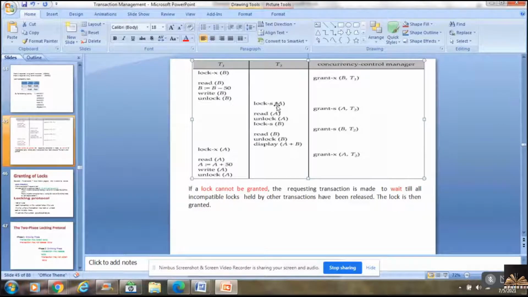Lock shared on A. No other transaction is holding any kind of lock on A. So the concurrency control manager grants the lock.